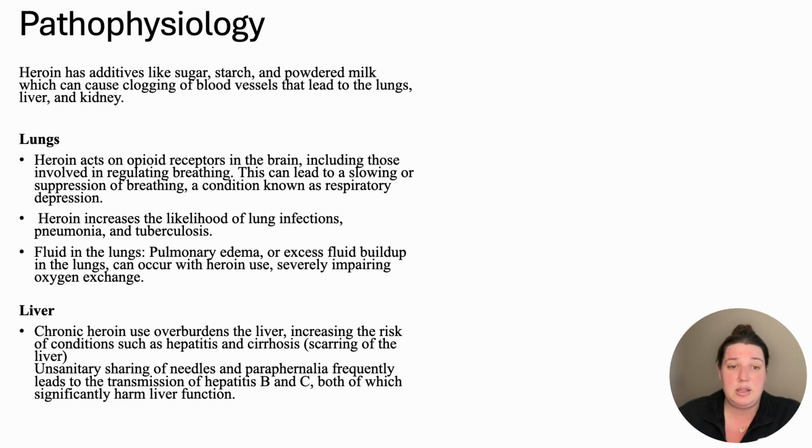Heroin increases the likelihood of lung infections, pneumonia, and tuberculosis, because generally people that are addicted are not taking care of themselves. There's also fluid in the lungs known as pulmonary edema, or excess fluid buildup in the lungs, which can occur from heroin use, severely impairing oxygen exchange.